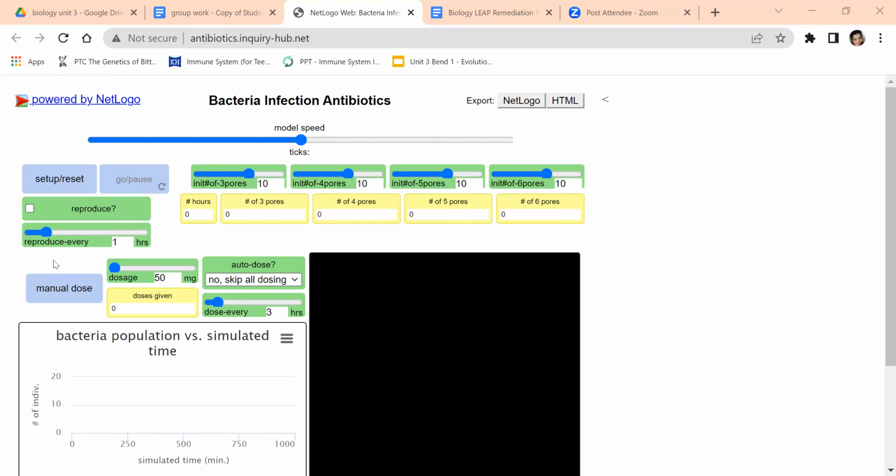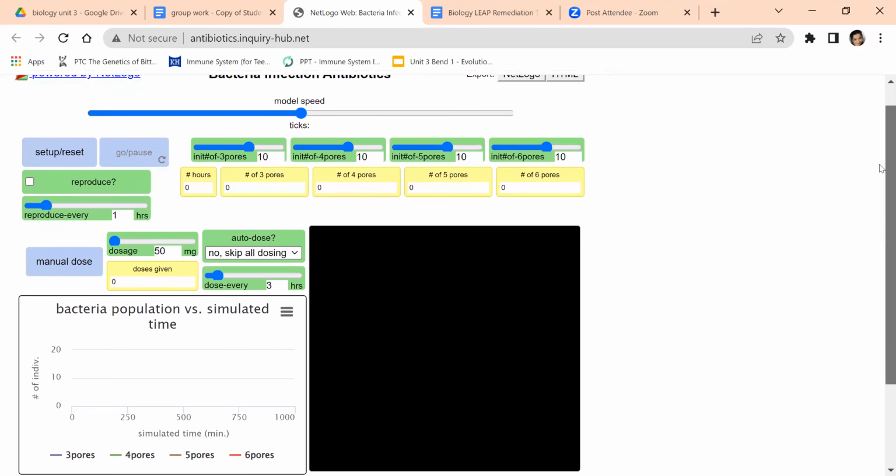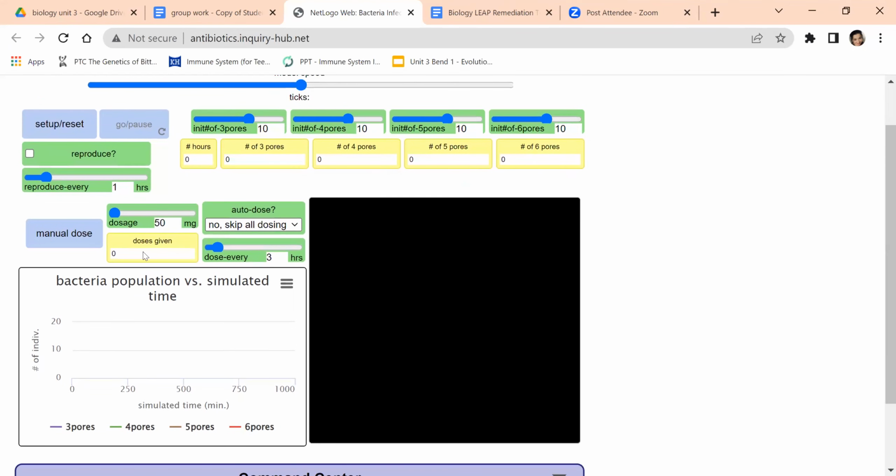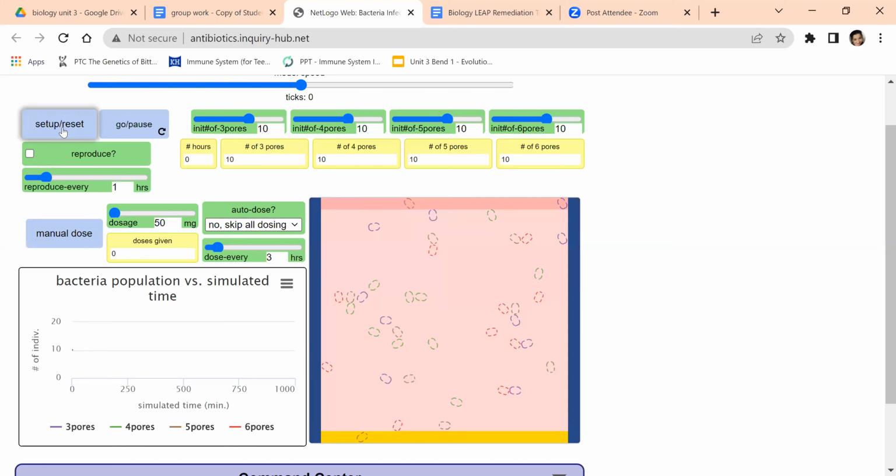We're not going to allow them to reproduce in this first investigation. I just want you to see what happens when the antibiotics are introduced. So we are going to administer 50 milligrams of antibiotics every 3 hours. We're going to do manual dosing this time, just so I can control it. Watch what happens when I click the setup reset.